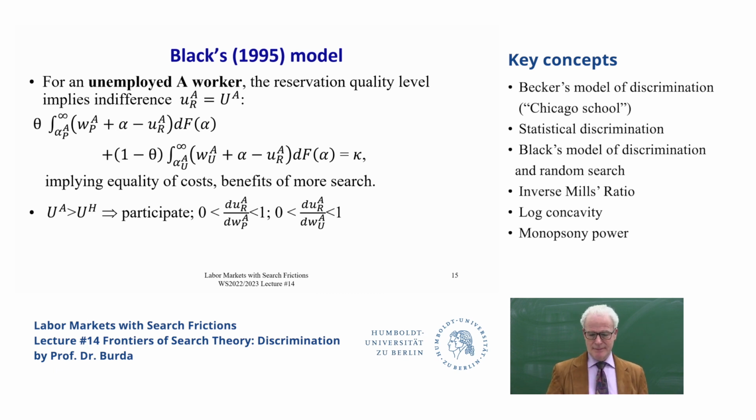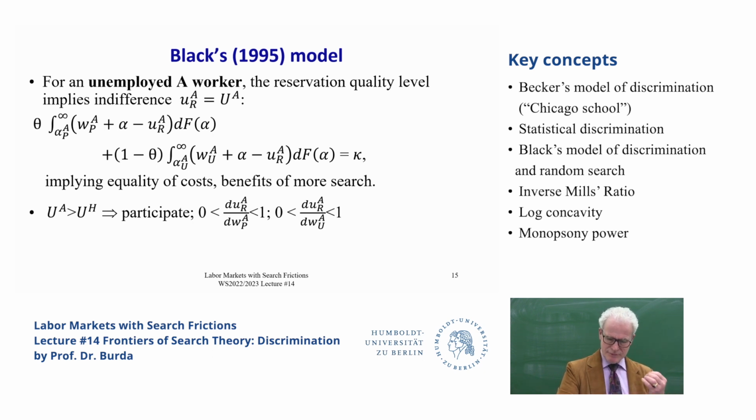Okay, and the same thing is true for a non-discriminating firm as well. So they're both going to have a sensitivity of utility. Remember, utility is measured in terms of pecuniary and non-pecuniary benefits, relative to being unemployed.